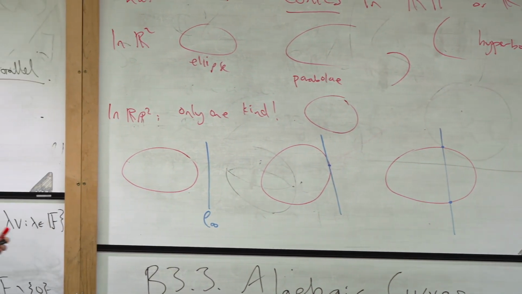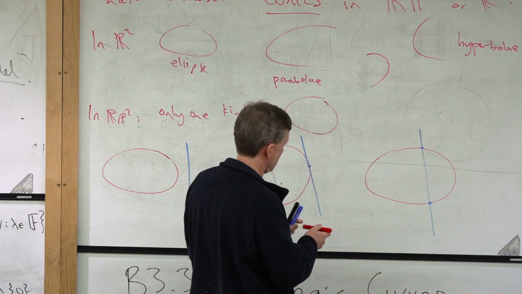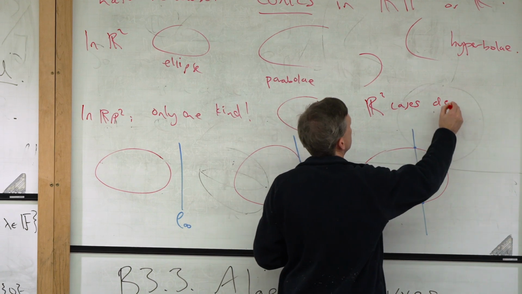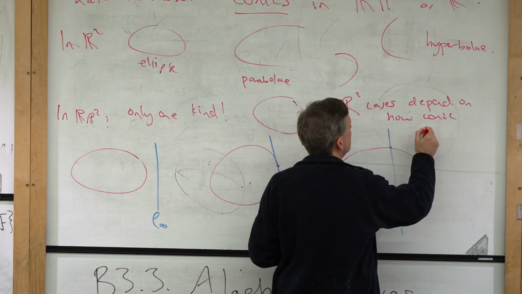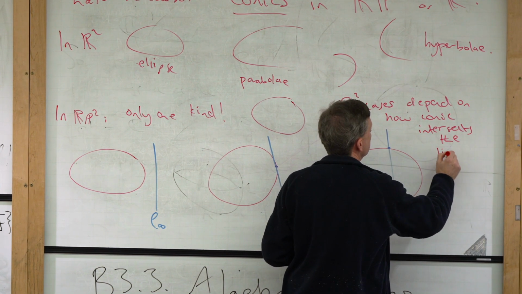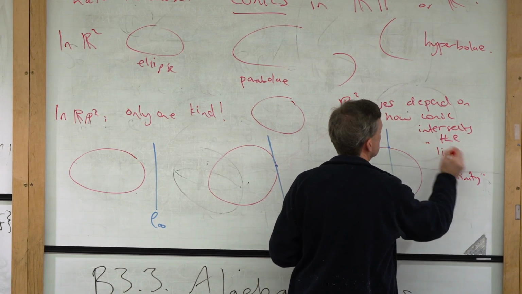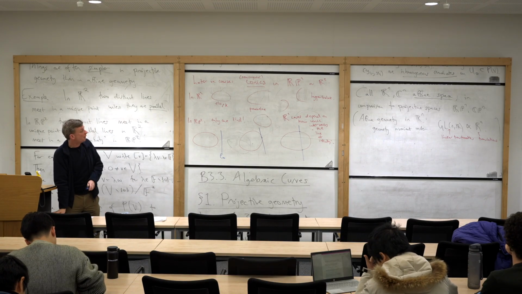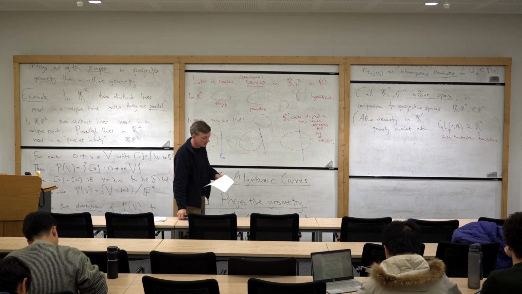Okay, so the R^2 cases depend on how the conic intersects the line at infinity. So at the cost of making things more abstract, we find that our theorems become simpler.